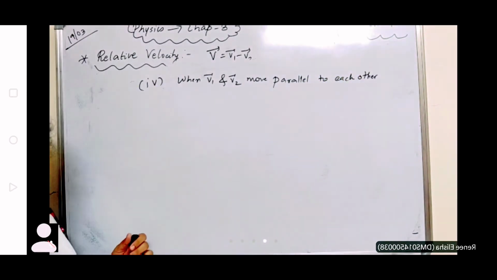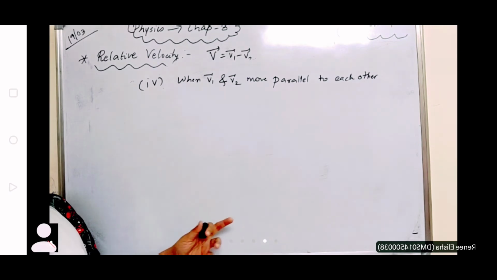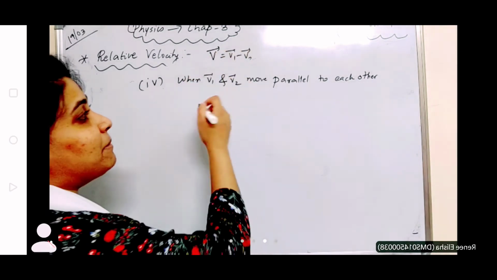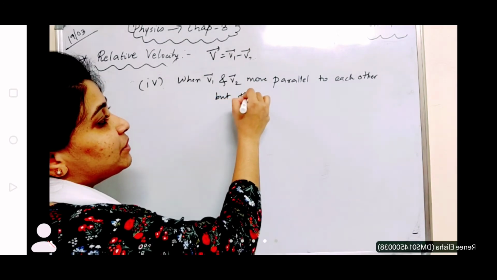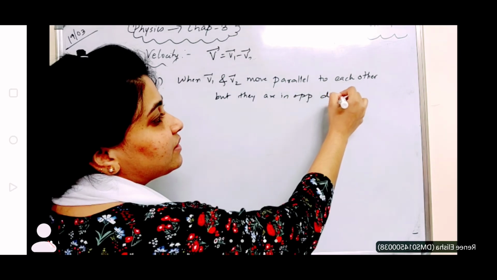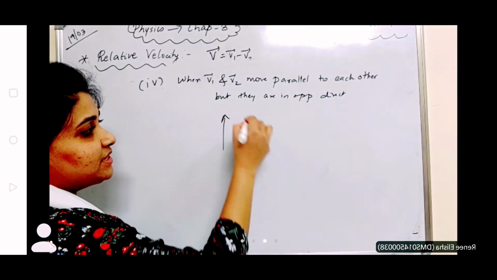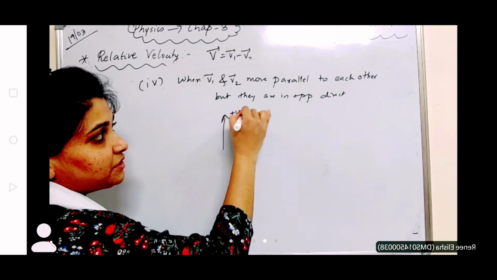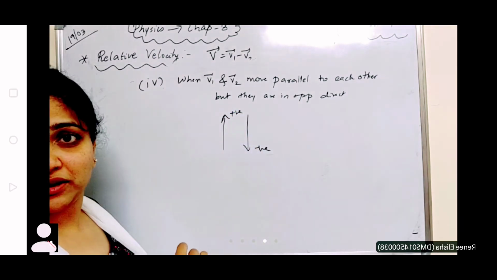When both of them move parallel to each other in a straight line but in opposite directions. That means one goes like this and one more goes like this. They are parallel, but one is going in the positive direction, one in the negative direction.